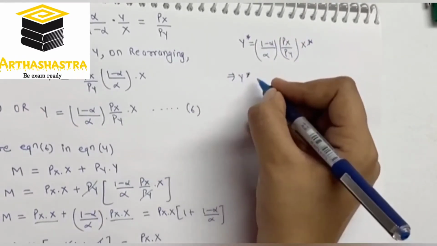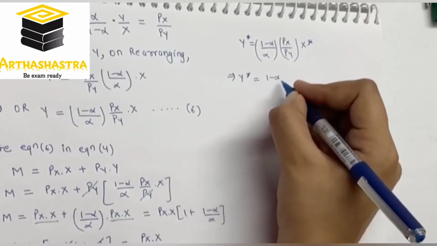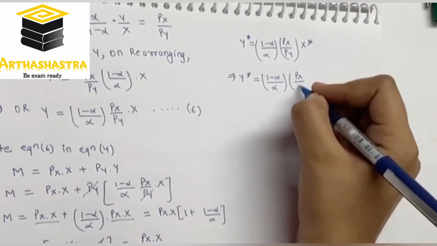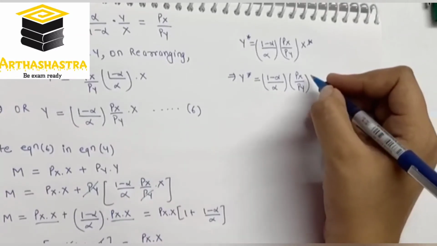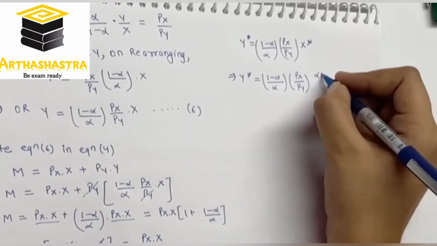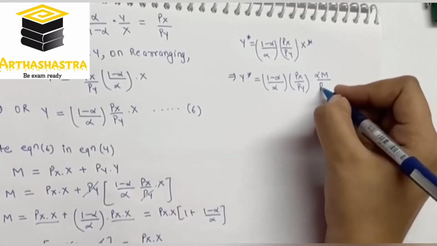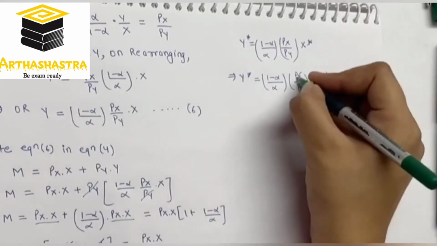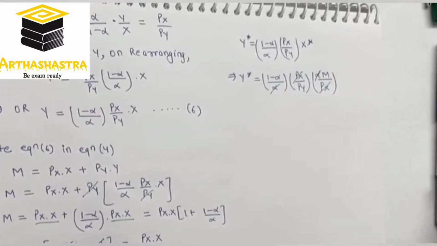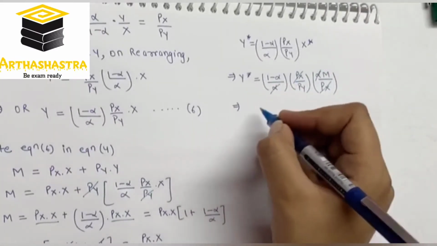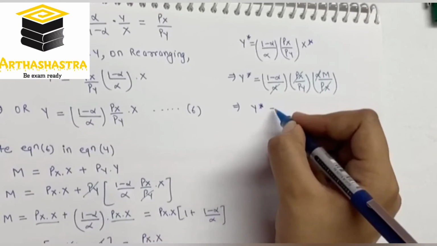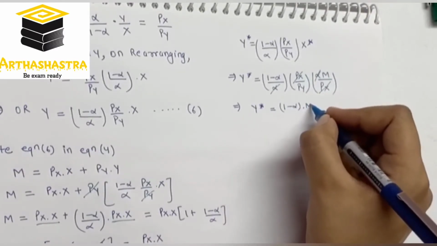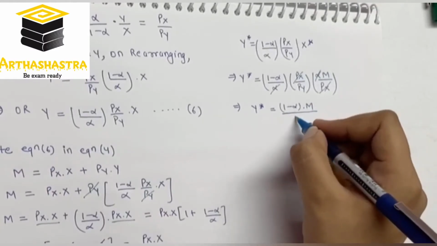So y star will become 1 minus alpha over alpha px over py times alpha m over px. Now we will cancel out the terms. Alpha will cancel out. We are left with y star equals 1 minus alpha times m over py.